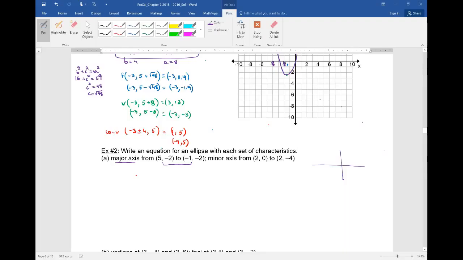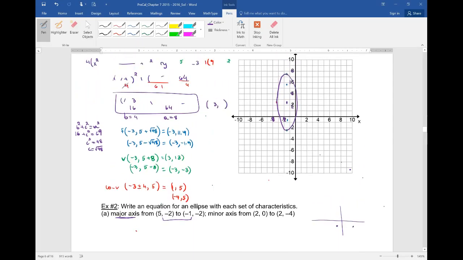The major axis is from 5, negative 2, so here, to negative 1, negative 2. If that's the major axis, is this a horizontal or a vertical one? It's a horizontal one.